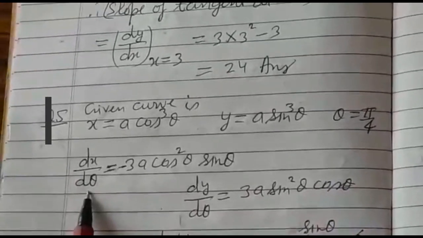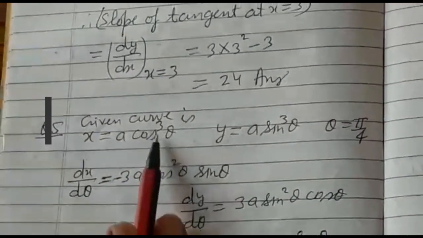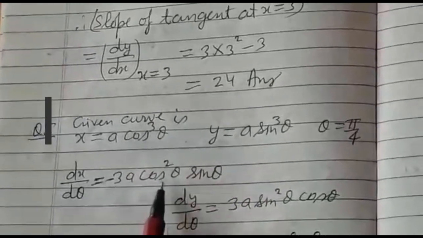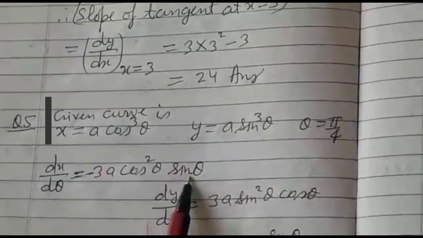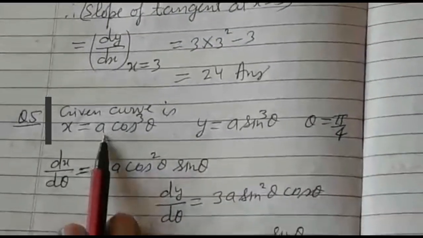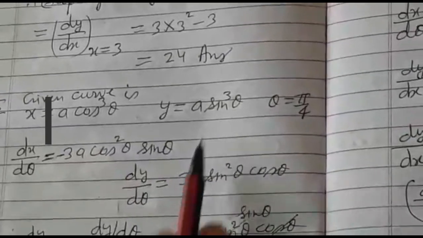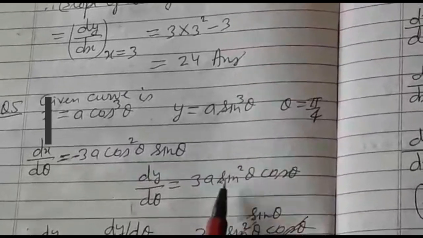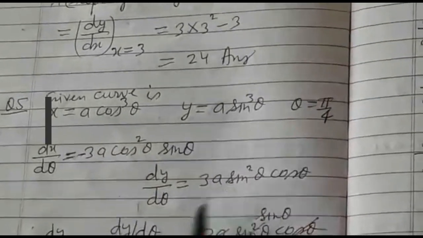Now dx/dθ we are solving: differentiation of cos³θ is 3cos²θ into differentiation of cos, which is −sin θ, and a as it is. Now differentiation of y: sin³θ gives 3sin²θ, sin θ differentiation is cos θ, and a is attached already.